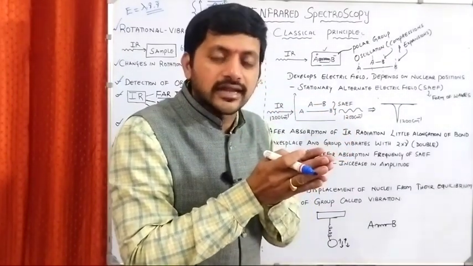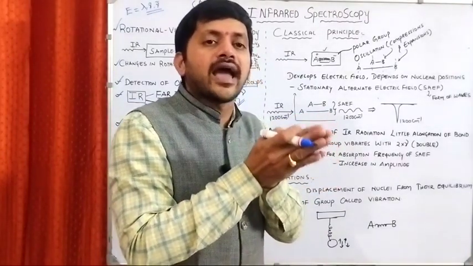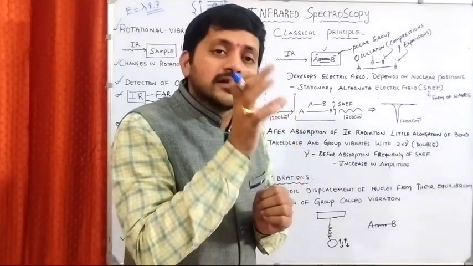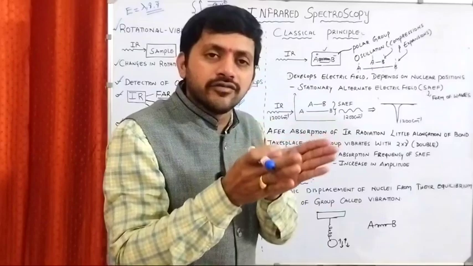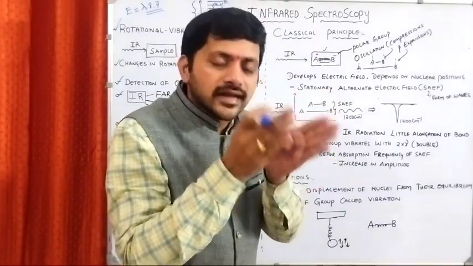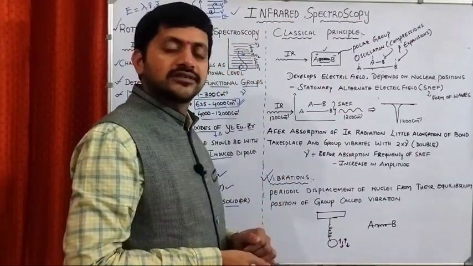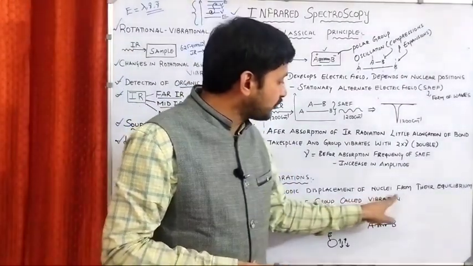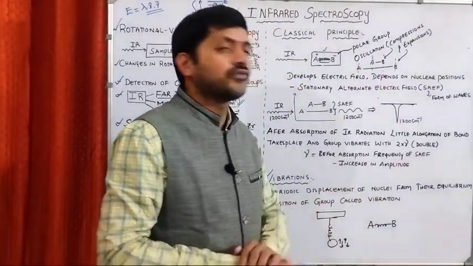That is commonly called periodic displacement of atoms from their equilibrium positions, or periodic displacement of nuclei from their equilibrium position. That concept is commonly called vibration. What is the name? Vibration.